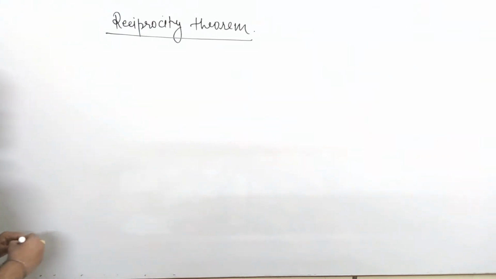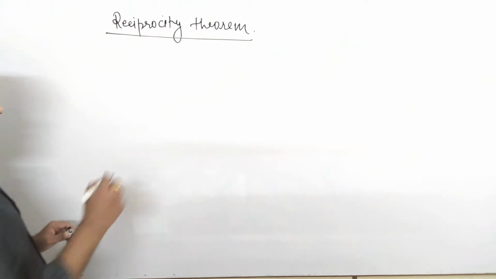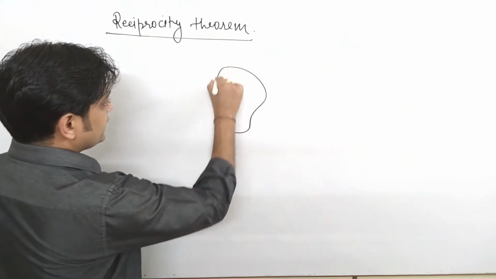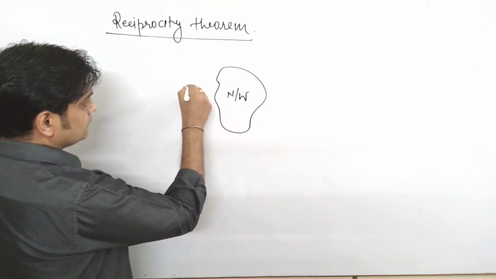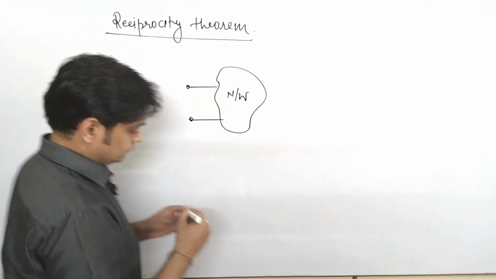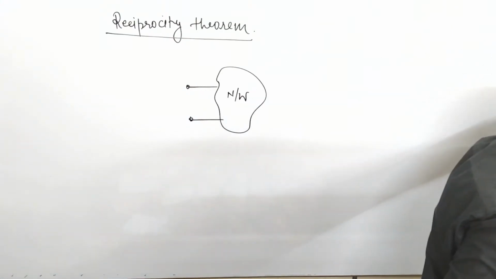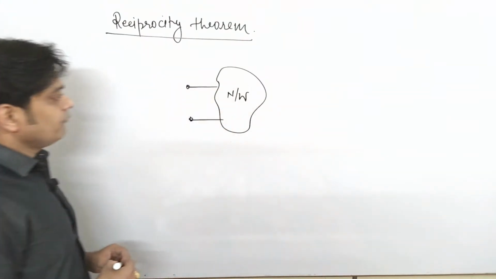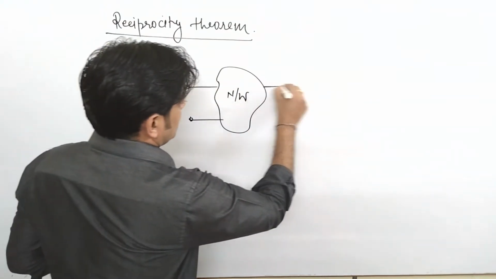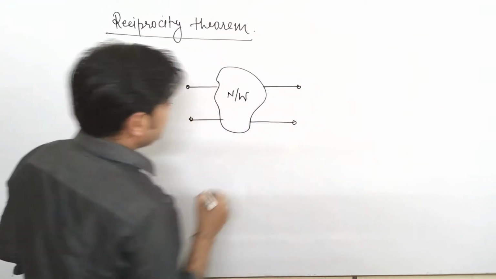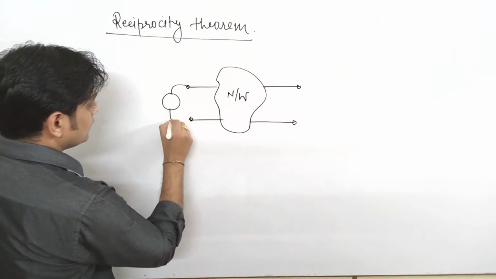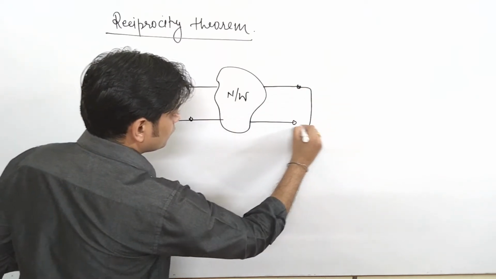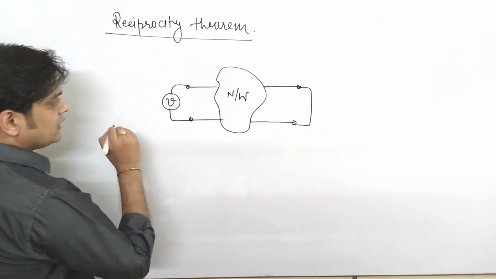So the first very important thing is what is reciprocity theorem. If I consider that this is a network, let this be a network, and say some voltage V is applied here.